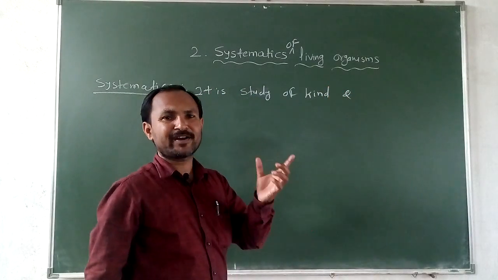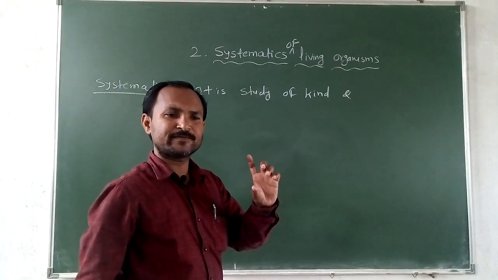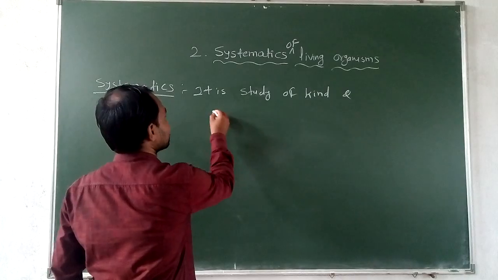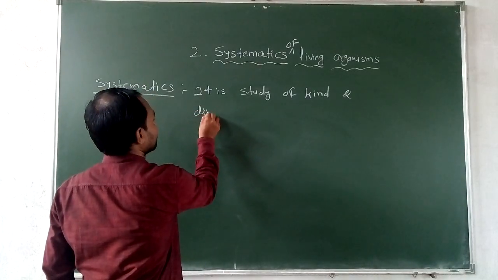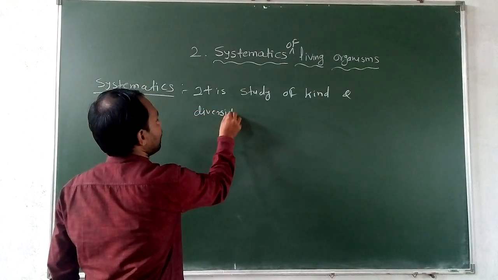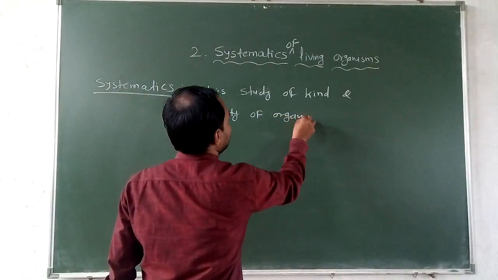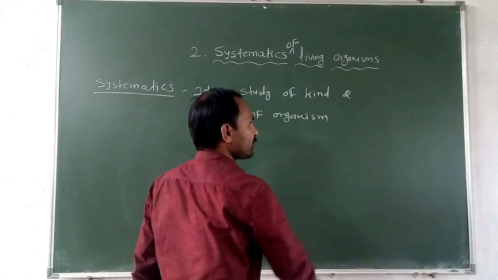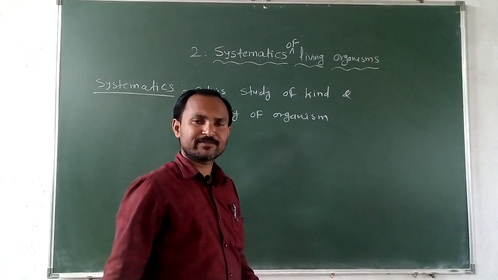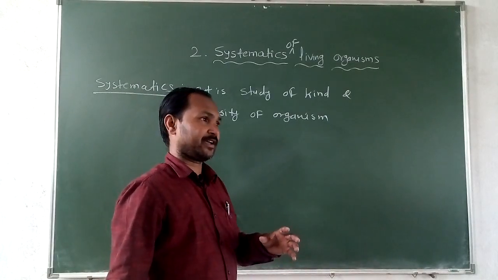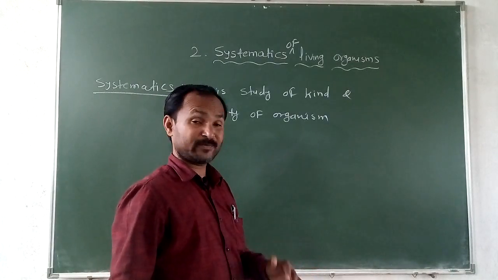It is a study of kind. It is one type of study, of the diversity of organisms. What is the purpose of studying the diversity of organisms? How can we study it? In two ways. We can compare the organisms, and we can also check the evolution of those organisms.